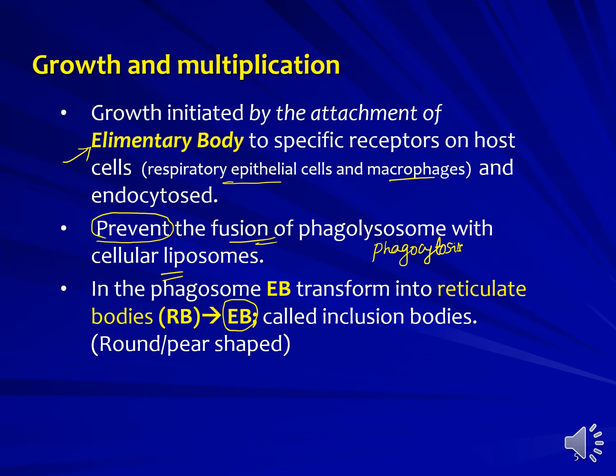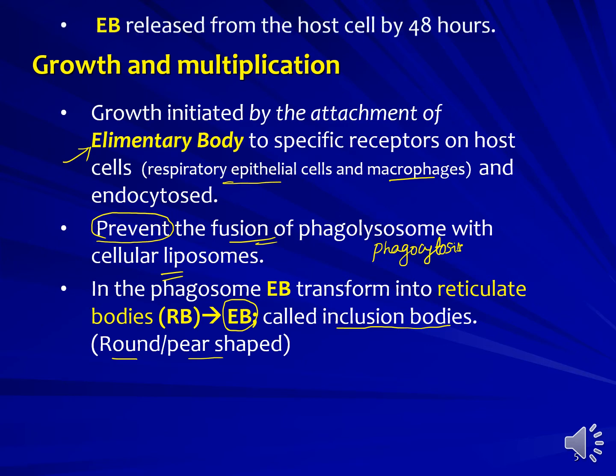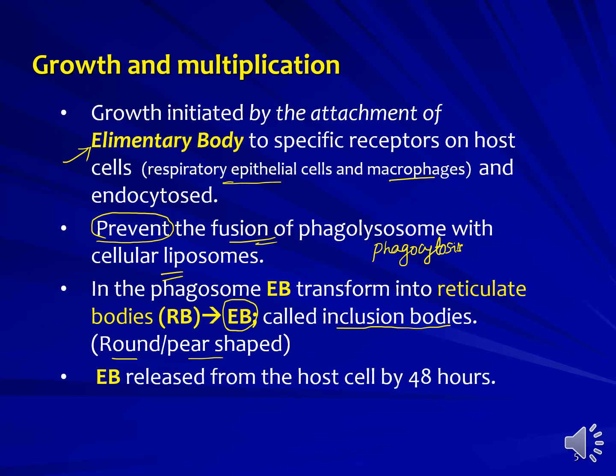The group of these elementary bodies inside the cells is known as an inclusion body, and these inclusion bodies may be round or pear shaped, otherwise called reniform shaped. The elementary bodies are released from the infected host cell after 48 hours, and they can infect new cells.